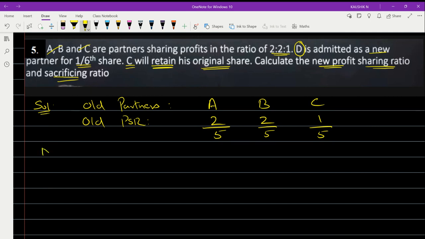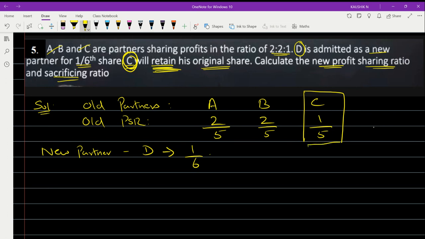Who's the new partner? New partner is D. And he is being admitted for how much? 1 by 6 share in the profits. But as given in the question, the old partner C will be retaining his original share. So in that case, C says that sorry, I am not able to give away any sacrifice, because if you look at the case, you can know very well. These people A and B are getting 2 by 5, 2 by 5, but he is already getting only 1 by 5.